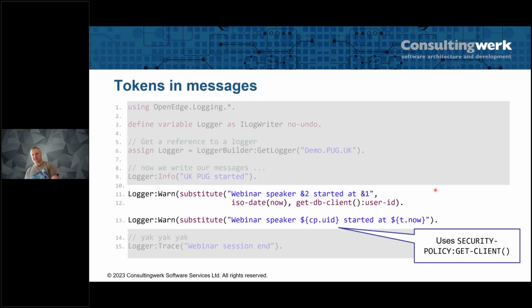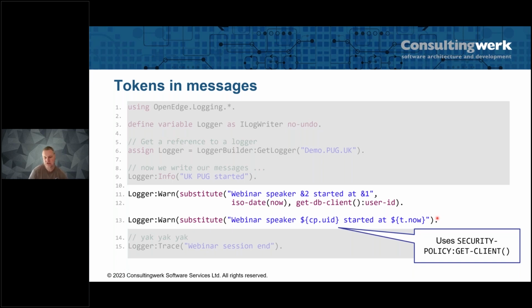So tokens in messages. Before we said, well, webinar started at date now, and we got a client principal, DB client user ID from here. We can change that just to say webinar speaker, client principal user ID started at time now. And those things effectively resolve to exactly the same thing.